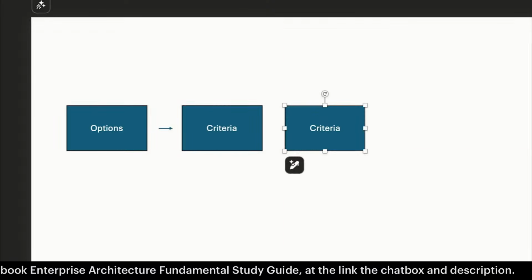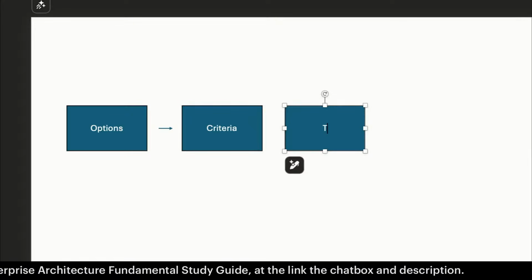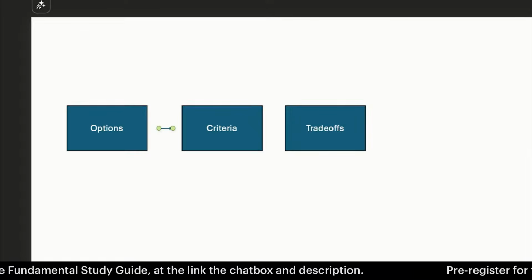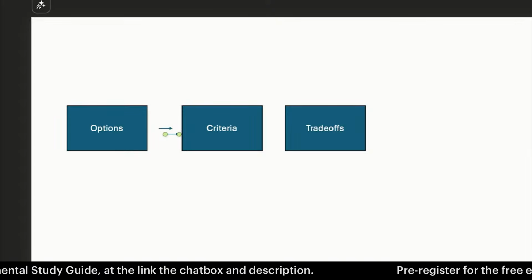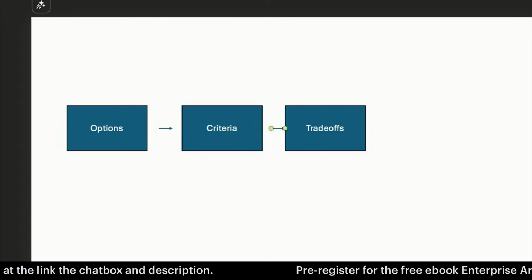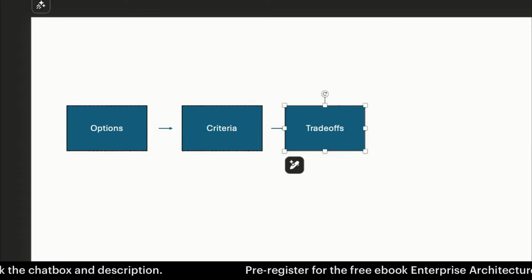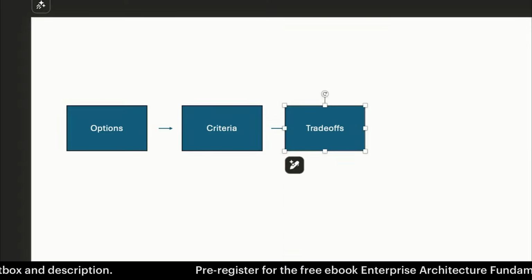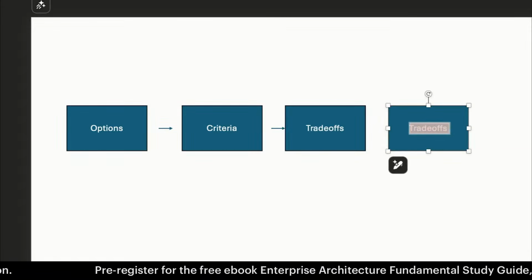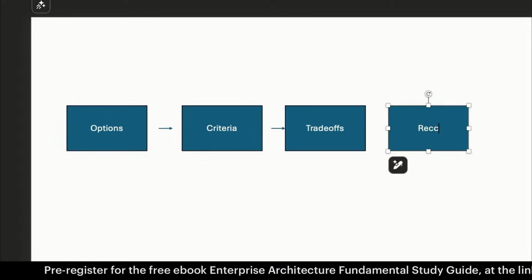Because everything we have could bring something and loses something. And then ultimately, after we've evaluated the options and we've gone through some criteria, must support this, for example, cannot do this, and we've got our trade-offs, then we actually are in a position where we can start making a recommendation. And we can do that because we've actually gone through the decision-making process.